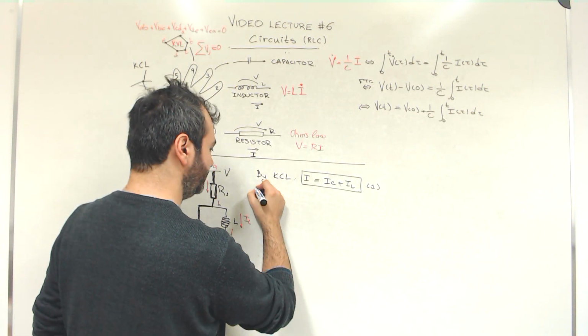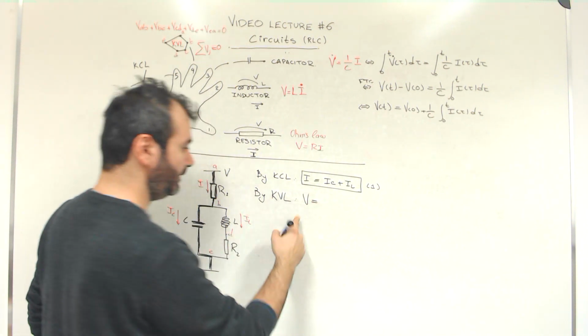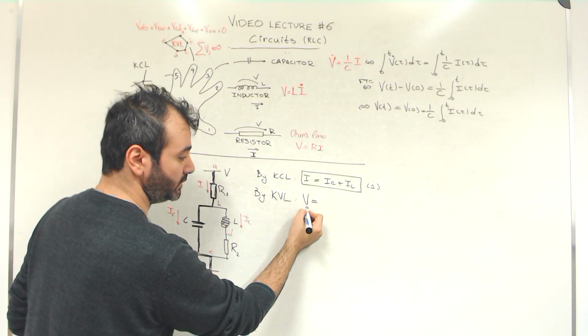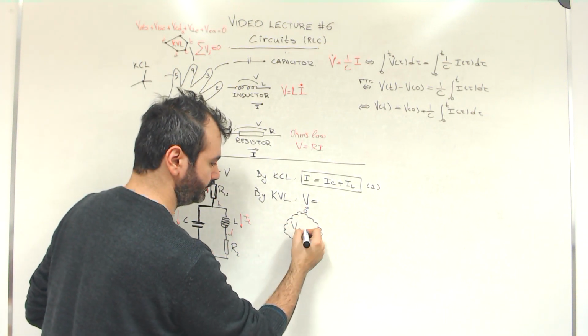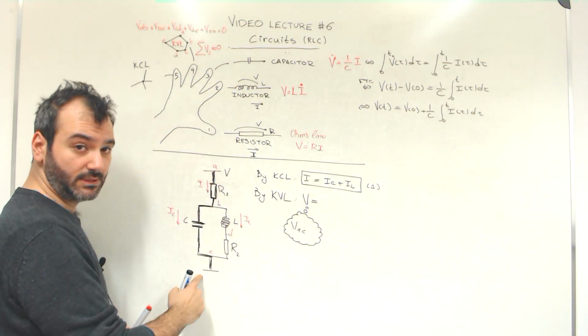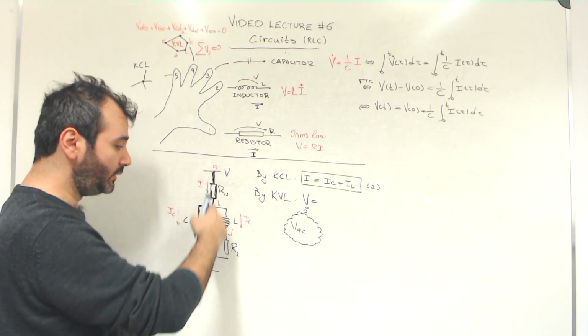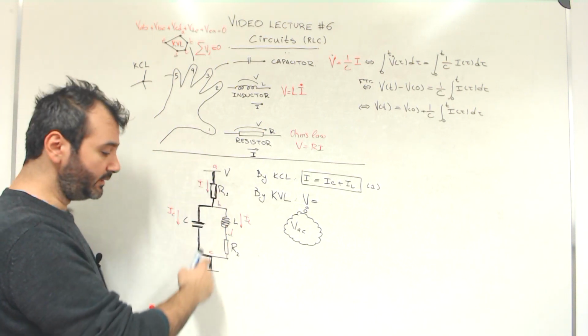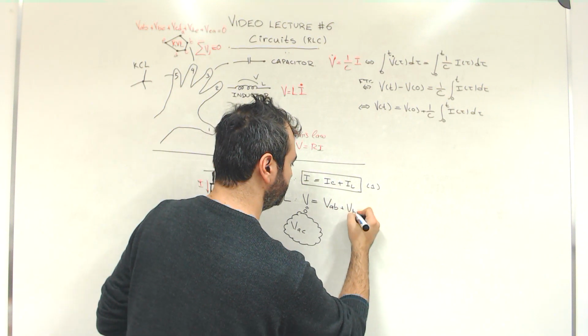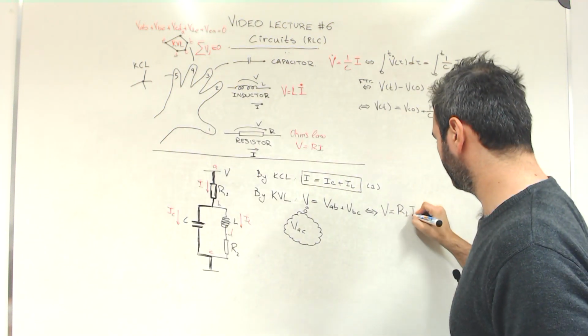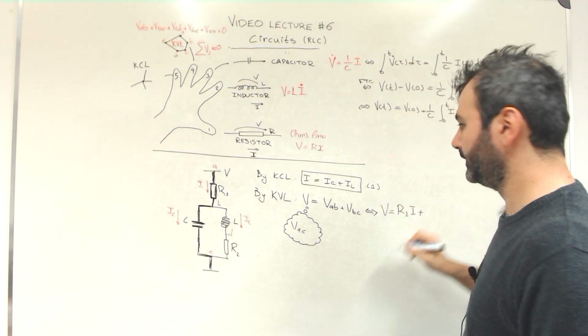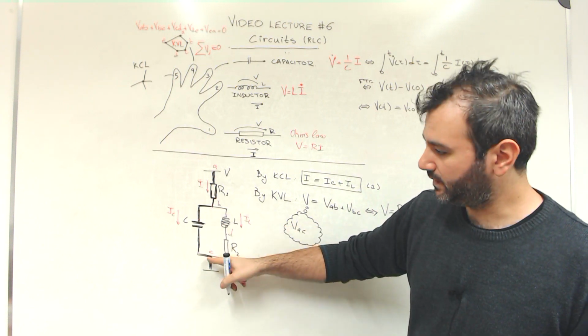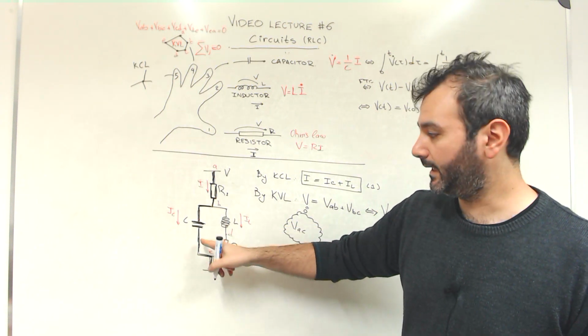Then we have V, which is, of course, V from A to C, the voltage from A to B plus the voltage from B to C. Voltage from B to C is the voltage across a capacitor.